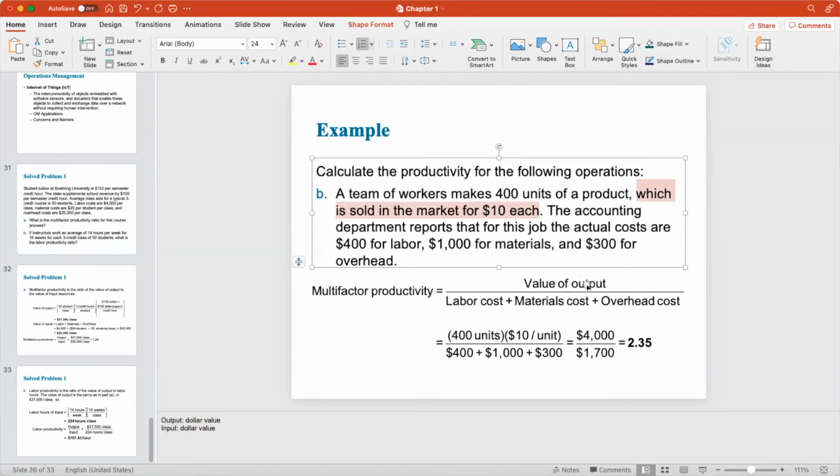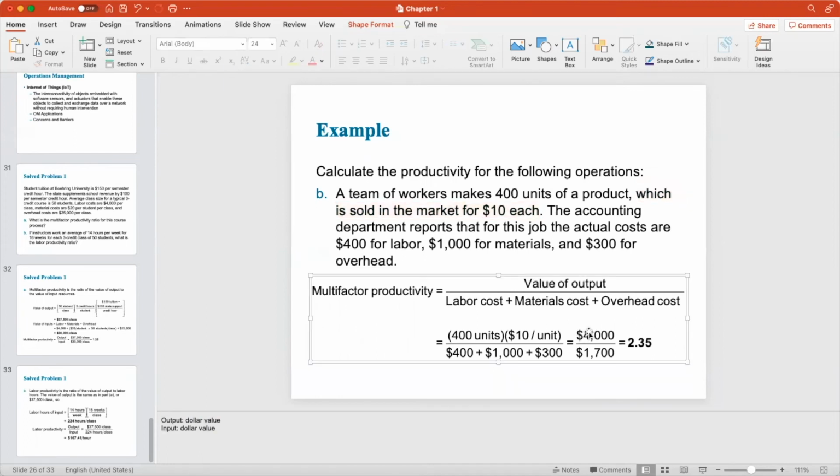So in order to get the correct value of the output, you need to use 400 times $10 for each unit, which is 4,000. So here in this specific example, I will specify that the output unit would be dollar value. That's why you see the output is $4,000.